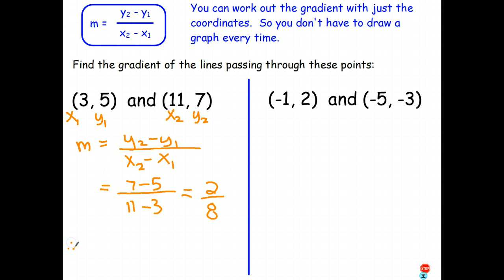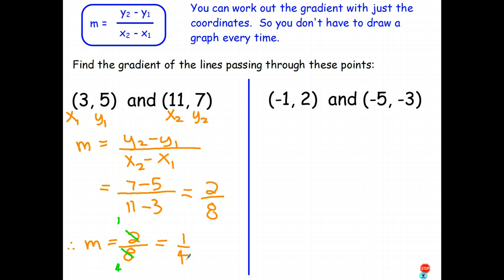And therefore, the gradient is 2 over 8. Of course, we always try to simplify if possible. 2 goes into 2 once, 2 goes into 8 4 times. And the gradient in simplified form is 1/4.